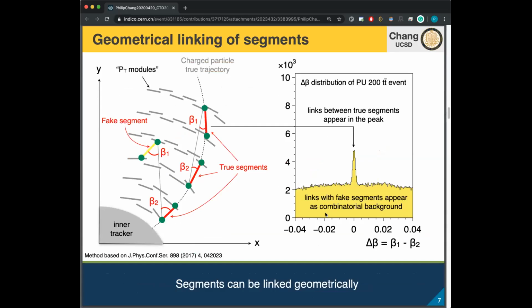So in slide 7, I'm going into a bit more detail about the linking between the segments. Once the two segments are formed, you can connect these two through a geometrical argument.